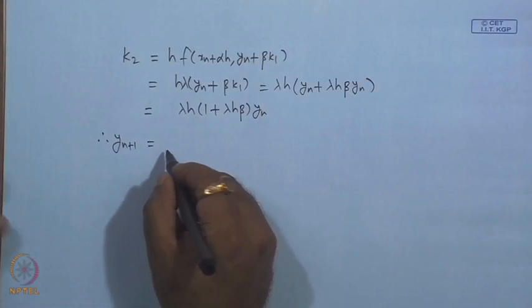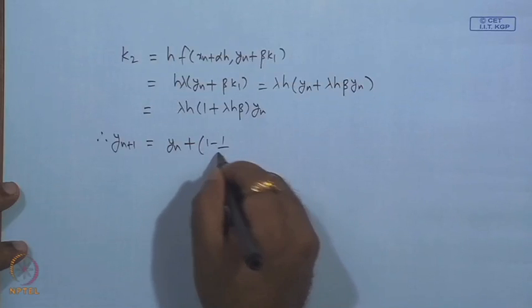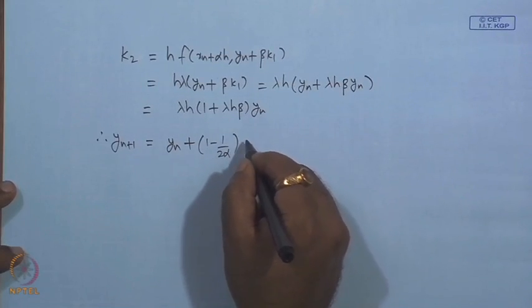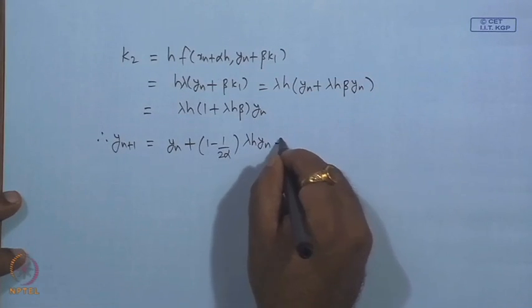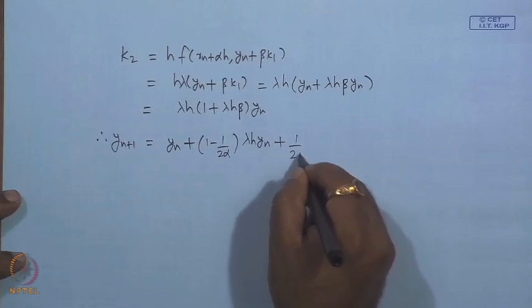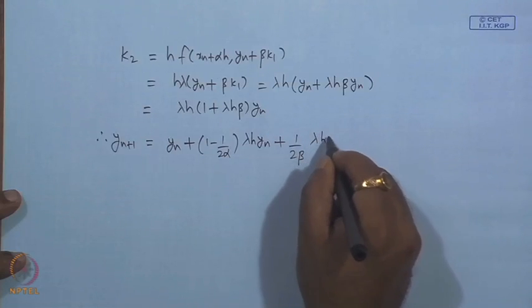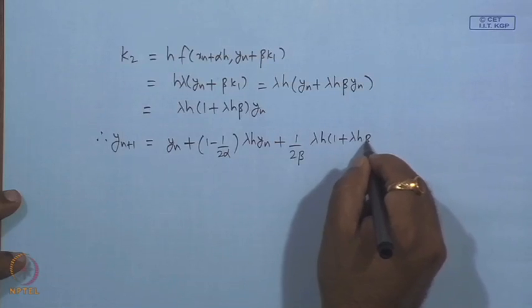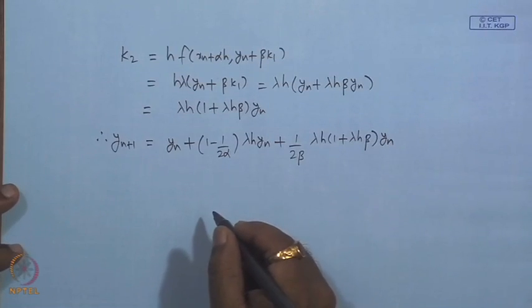So, y n plus 1 minus k 1. So, k 1 was lambda h y n plus 1 by 2 beta k 2, lambda h 1 plus lambda h beta y n. Okay.